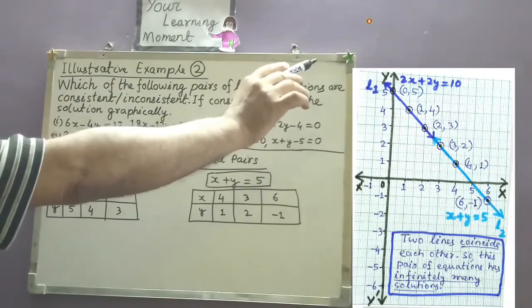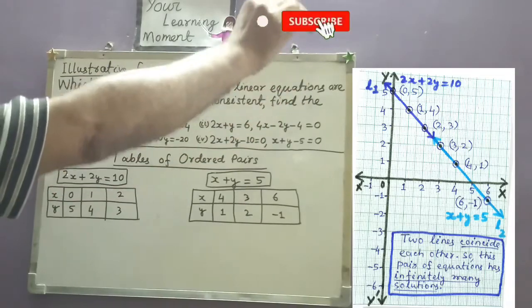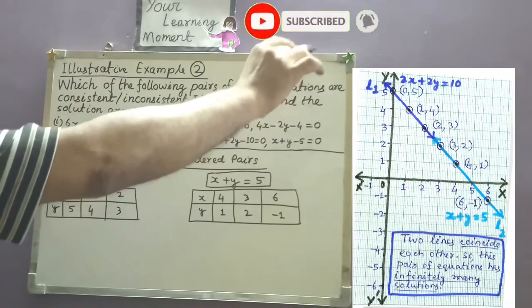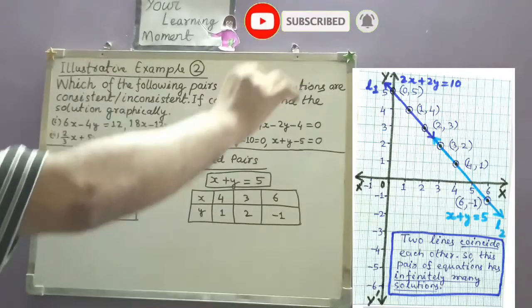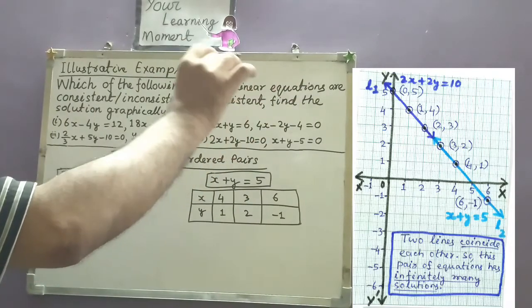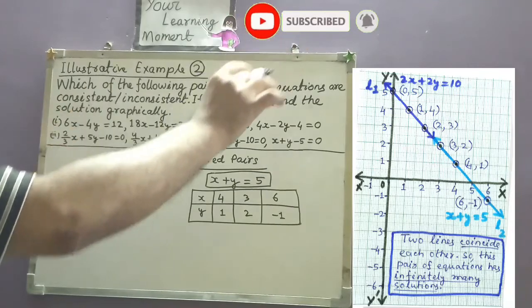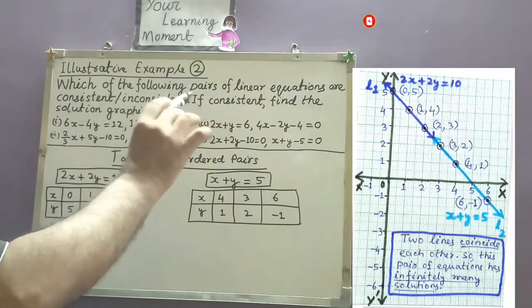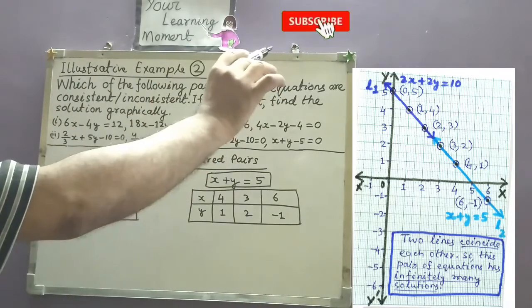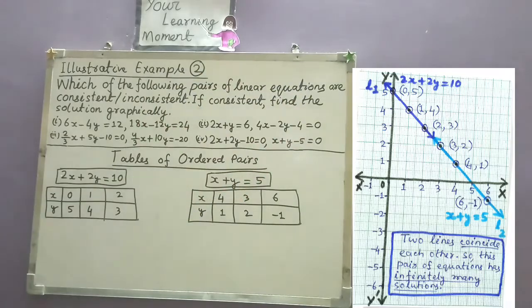Look at the graph. You can see that two lines represented by this pair of equations are coincident. That is, two lines are on the same straight line. Hence, they are consistent with infinitely many solutions.